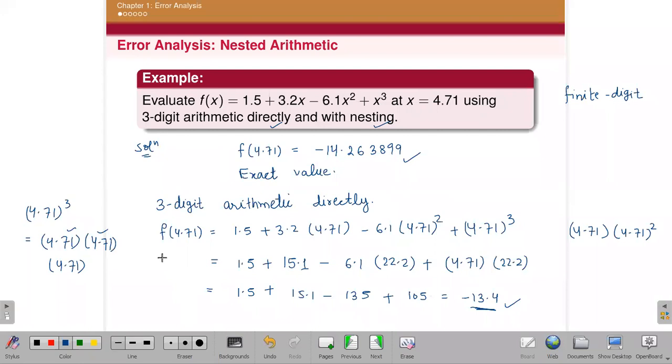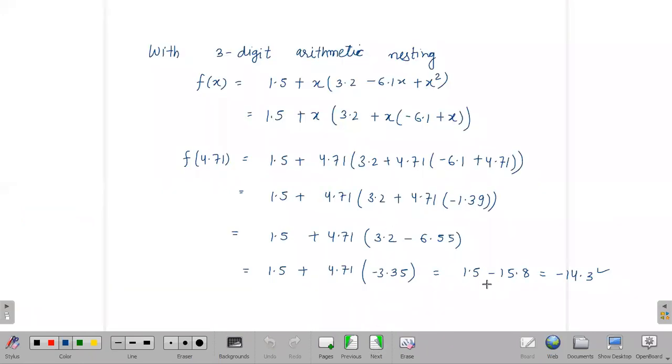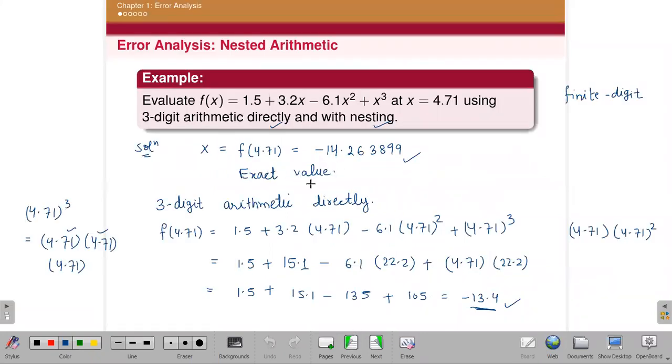Our last value is minus 14.3. Now you can compare both the values. This is the approximate value and this is the exact value, and this is our 3-digit arithmetic directly. By simply looking at the numbers, you can see how much error you are getting.